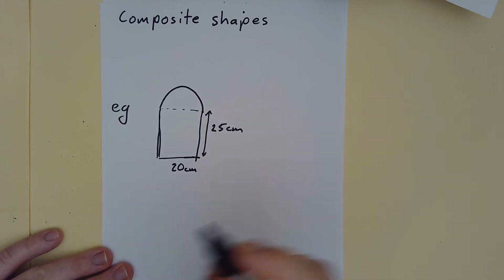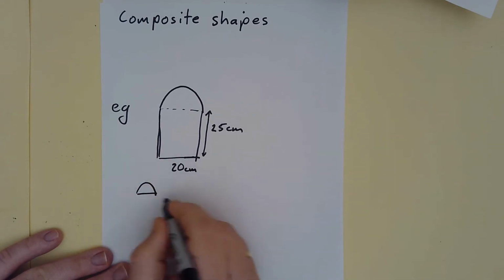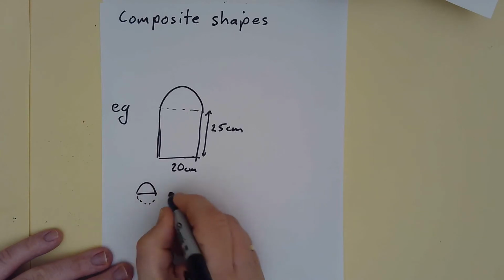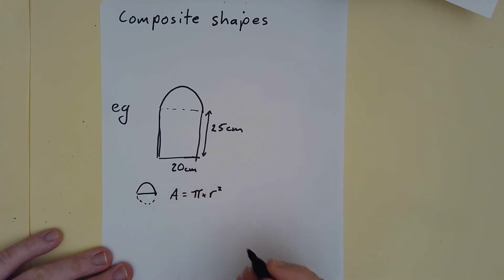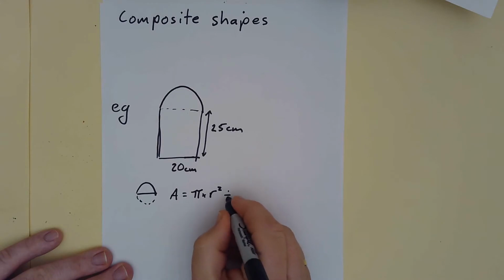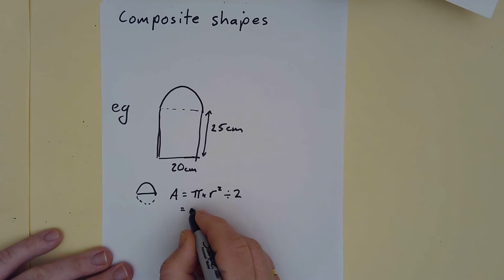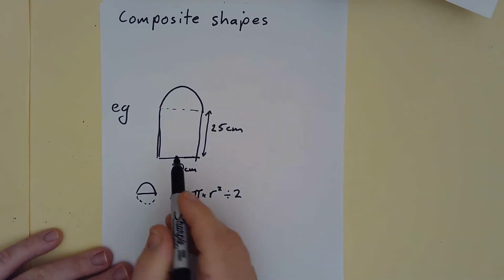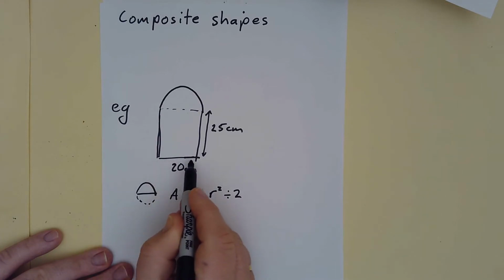and then add them together. So my half circle, well, if it was a full circle, then the area would be pi times my radius squared. Because I've got a half circle, I'm going to want to divide that by 2, so I get half of my circle. Now I need to know what my radius is. This here is my full way across.